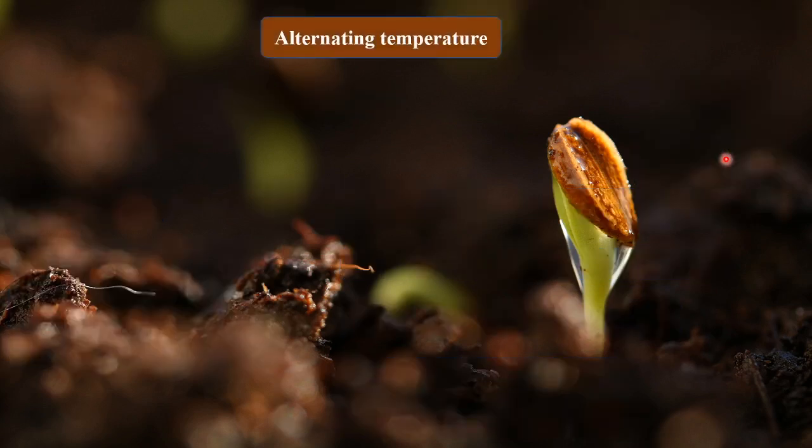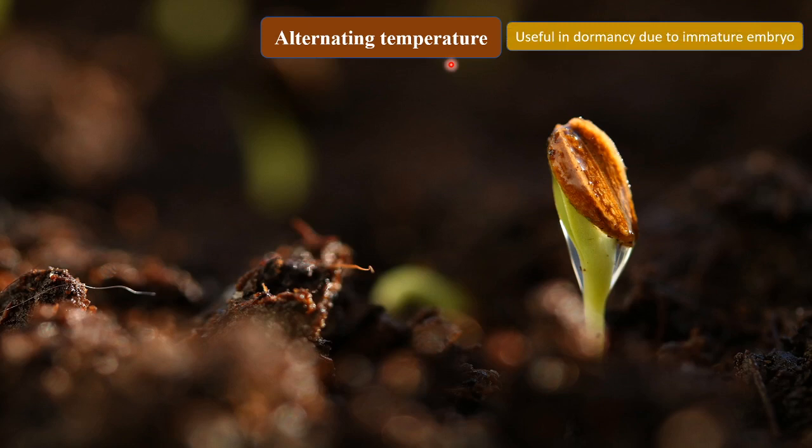Now we come to our third method, that is alternating temperature. This is also useful in breaking dormancy that is caused due to immature embryo, that is, the embryo is not fully developed, and so to break dormancy of such seeds, we carry out the alternating temperature method. Here an example of a plant is taken, that is Poa pratensis.